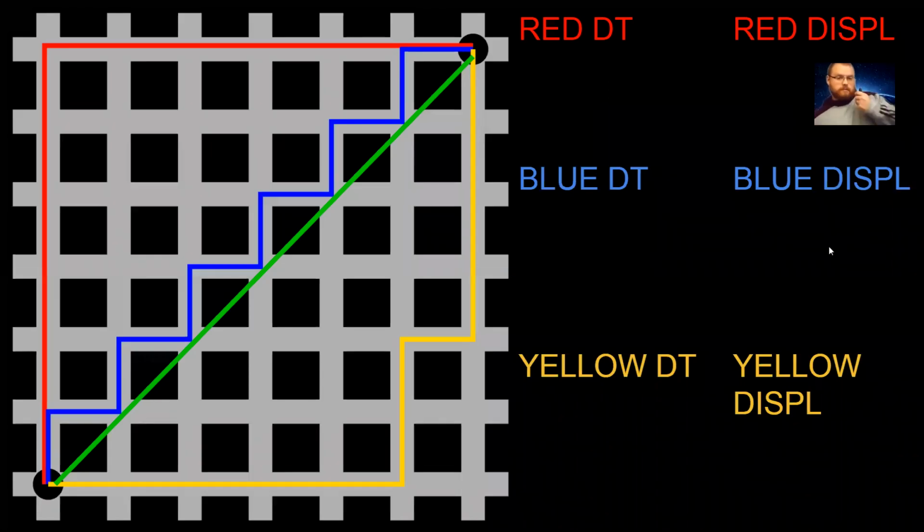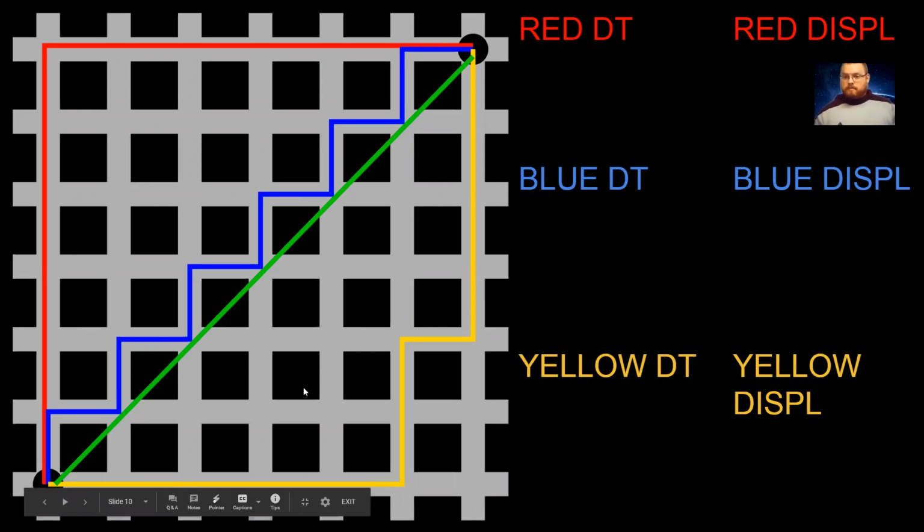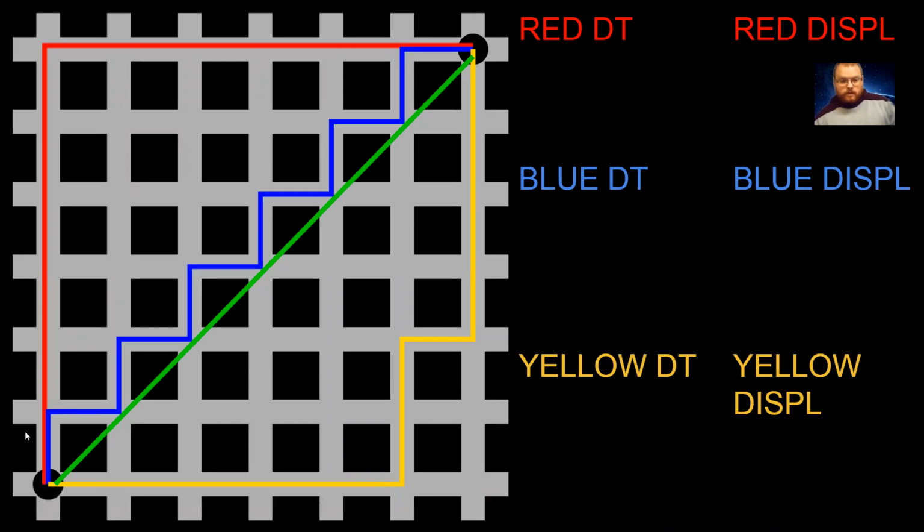In this instance, what you're seeing is that all of them have the exact same displacement. All of them start at point A, which is down here at the bottom left, and end at point B. So all of the displacement, which is shown by this green line, is going to be the same. However, each of them have a distance traveled that's different among each one. So for instance, the red would have moved 1, 2, 3, 4, 5, 6 units up, 7, 8, 9, 10, 11, 12 units total.